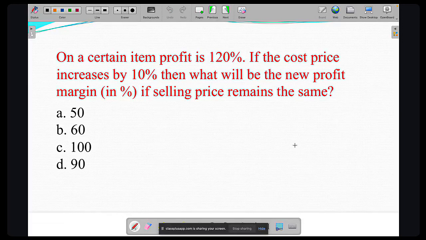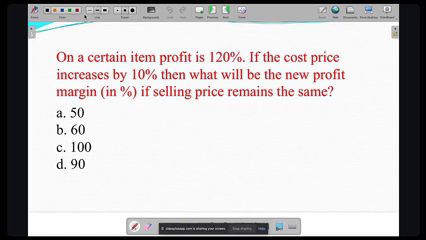If the cost price increased by 10%, then what will be the new profit margin? Very simple question.